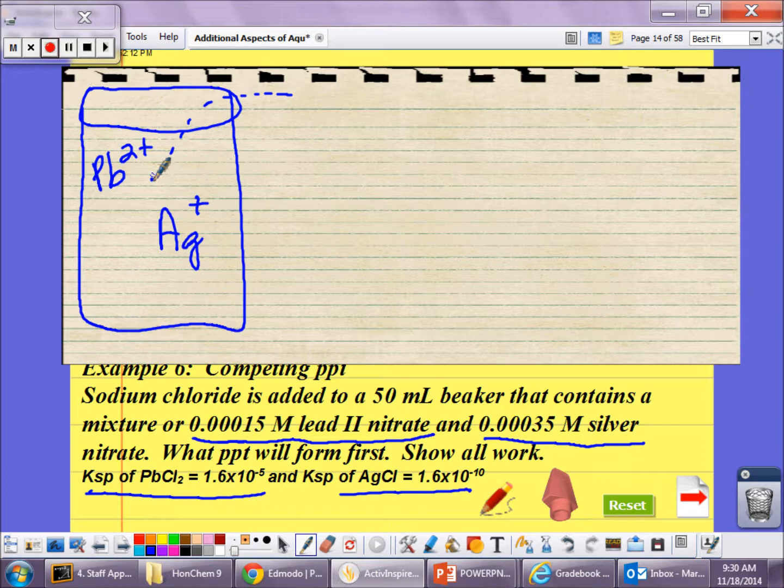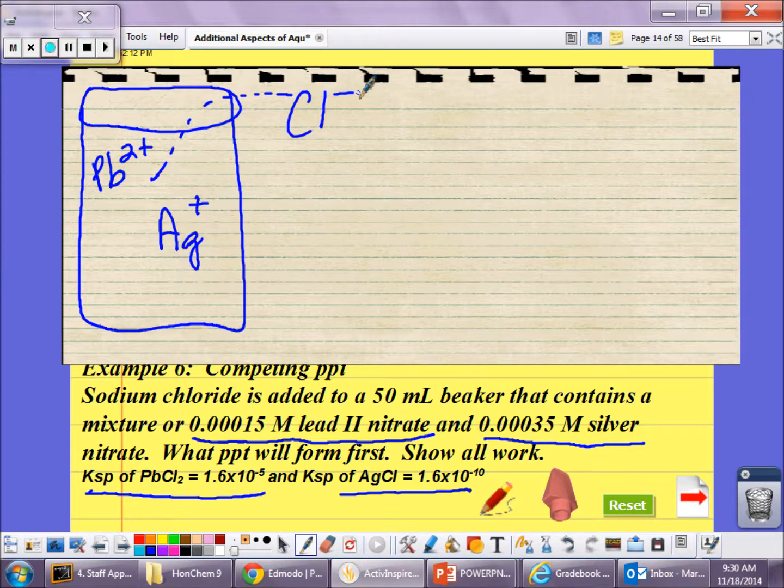Sodium chloride is soluble, the sodium will be a spectator, but I know from my solubility rules that lead chloride is slightly soluble and silver chloride is slightly soluble. So I'm going to put the chloride here. That's what I'm adding. They know you will form two precipitates, and they ask which one will form first.